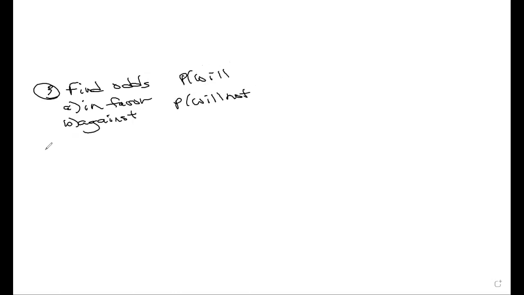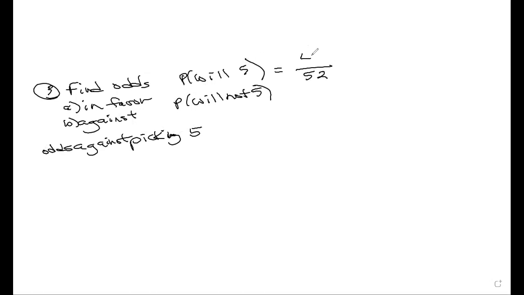So if I said something like, what are the odds against picking a 5 from a deck? That's that I will get a 5 and I will not get a 5. Remember, what's the chance when you draw a card, it's a 5? Well, the total is 52, and there are 4 5s: a 5 of clubs, a 5 of spades, a 5 of diamonds, and a 5 of hearts. And that reduces to 1/13.